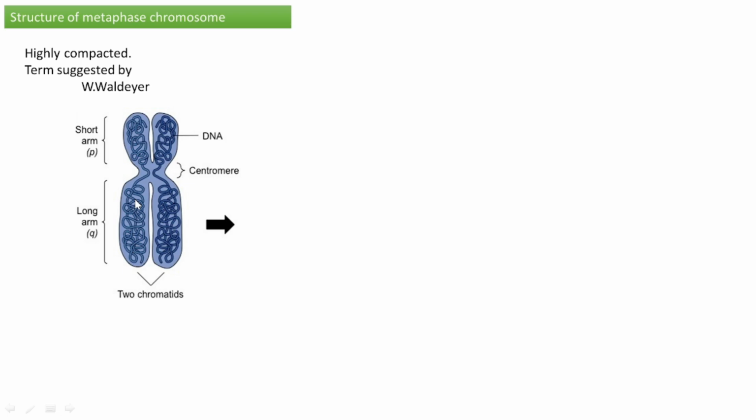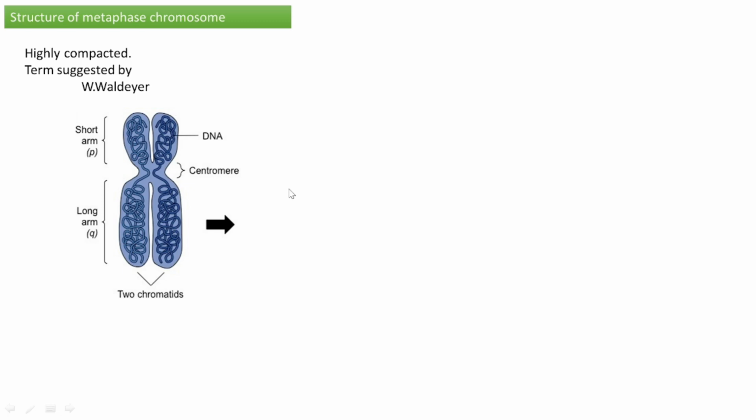So the DNA present in the metaphase chromosome is transcriptionally inactive. Okay, again I am pointing out one by one: what are the features of the metaphase chromosome? It carries two arms held together by the centromere. Since it has completed DNA replication, it carries two chromatids, called sister chromatids. This is one sister chromatid and this is the other sister chromatid.